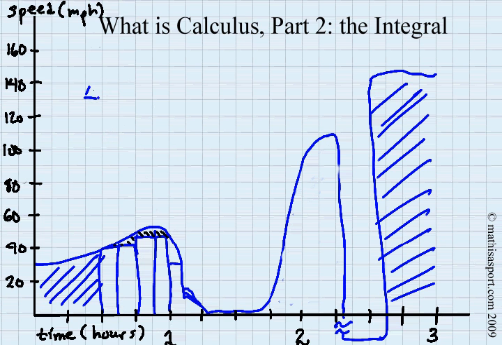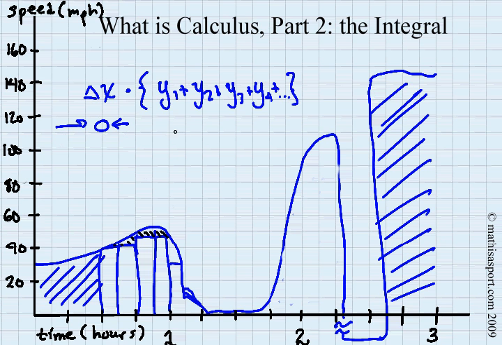And the question is, if we make the thickness of our rectangles this, and then we multiply it by a whole series of heights, like this, then if we let the width of the rectangles go all the way down to 0, and the number of rectangles, and therefore the sum of the heights, goes up to infinity, then we get a calculation that should represent the area under the curve exactly, except that it's 0 times infinity.